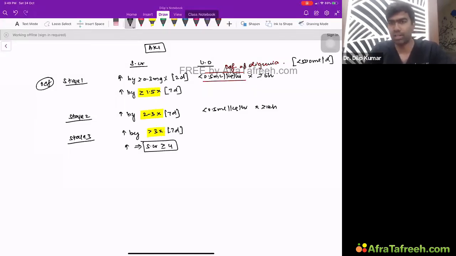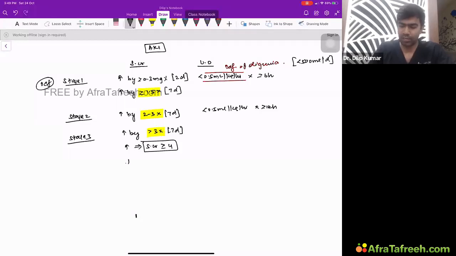So that abrupt rise in creatinine from a normal value to serum creatinine more than 4 can be considered as stage 3 AKI. Or if the eGFR decreases, a sudden decline in the eGFR to an absolute value of less than 35 ml per minute per 1.73 meters square. So if the GFR goes to less than 35 abruptly, that can also be used as a criterion for defining stage 3 AKI.